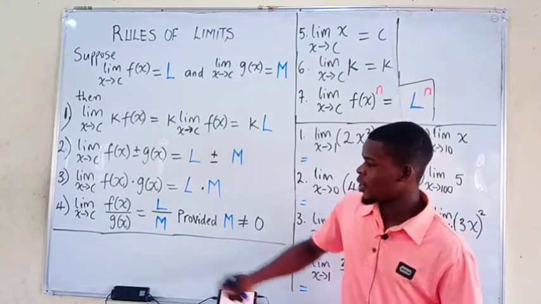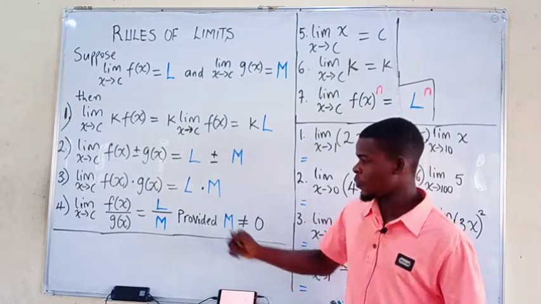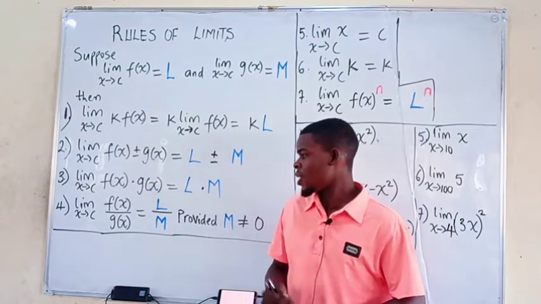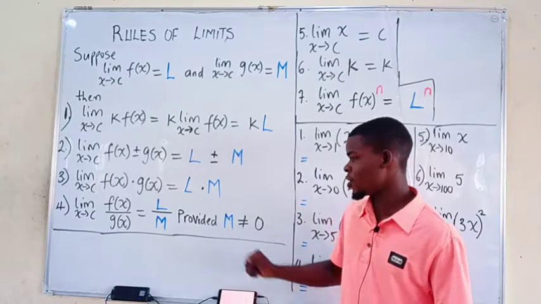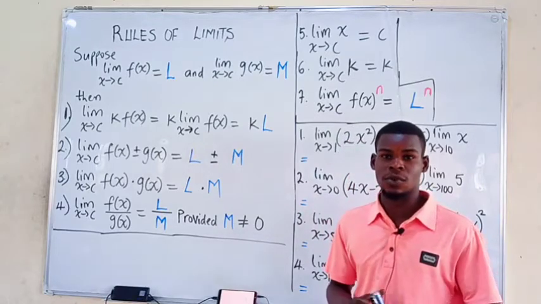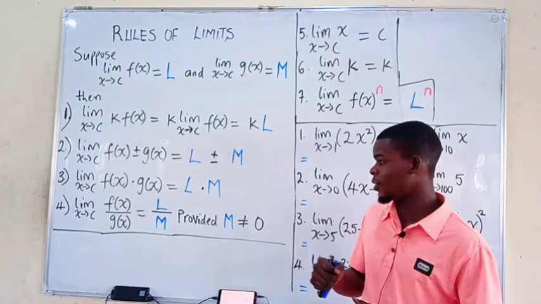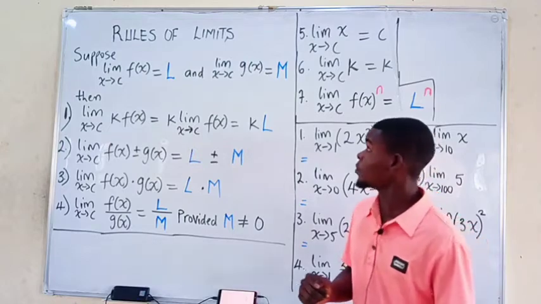Good. And then the product, limit of product is the product of limits. Then for the quotient, we have that the limit of the quotient, this divided by that, is going to be the quotient of the limits, but provided that the denominator is not 0. You know, when we have a fraction, we do not want to divide by 0. That is, the denominator of a fraction is not allowed to be 0. Good. So that is why I'm making this observation.